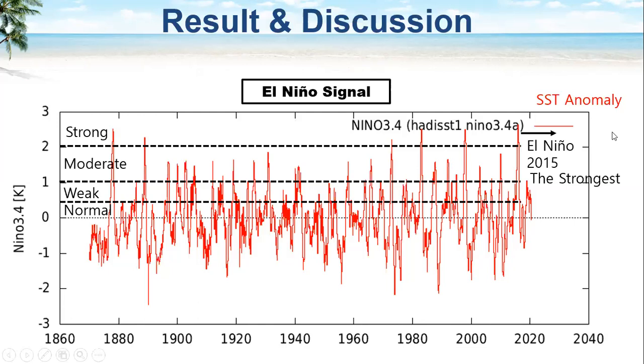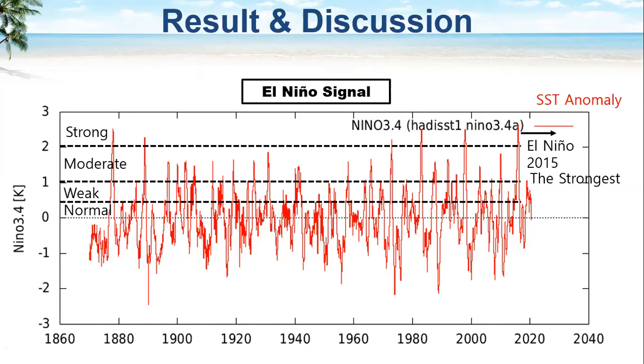To know whether El Nino is coming or not, we could see from this cycle. If the anomaly of sea surface temperature ranges from 1 to 2, El Nino is claimed to be in moderate status.